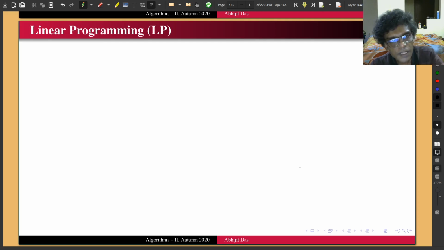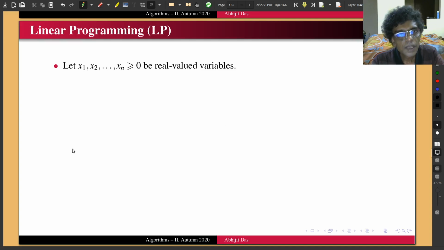So, what is a linear programming problem and how do I use it to design approximation algorithms? Okay, so let me introduce this problem first. Suppose that x1, x2 through xn are real valued variables and we also assume that they are greater than or equal to 0. Now, this is also an optimization problem.